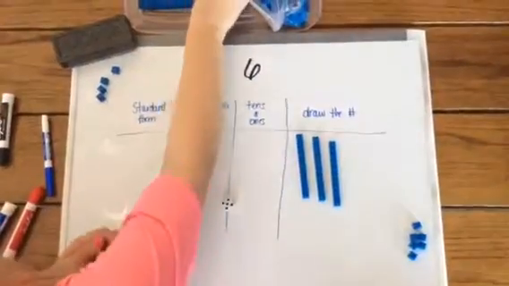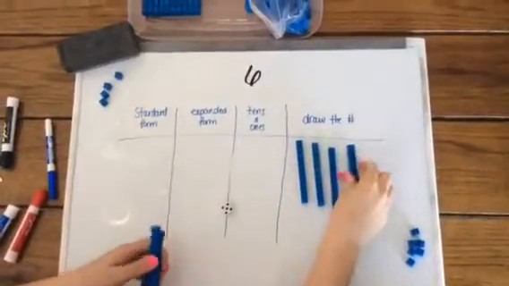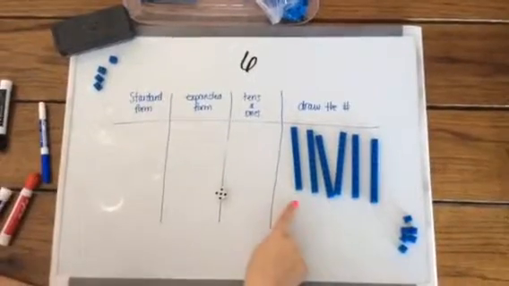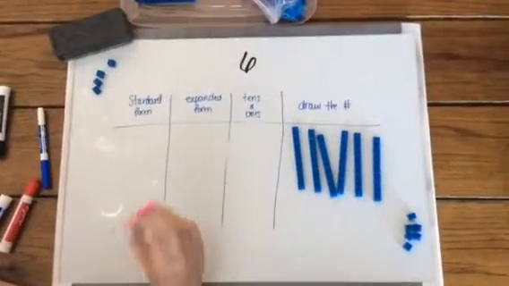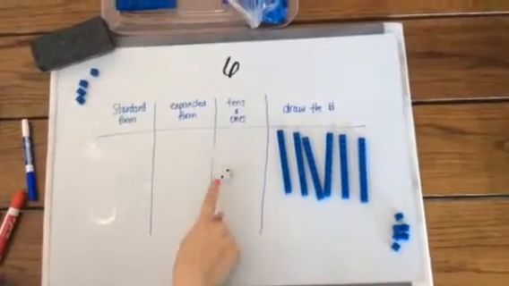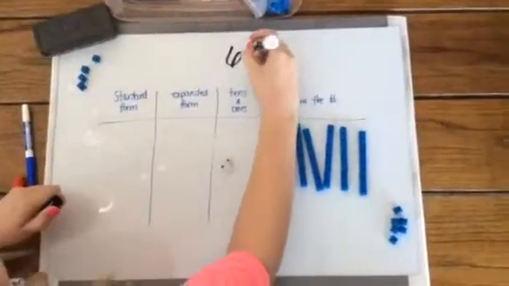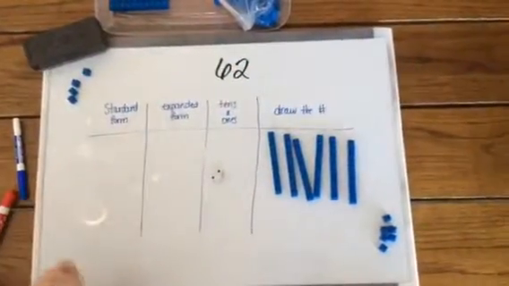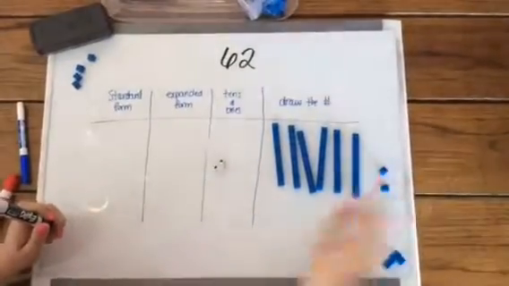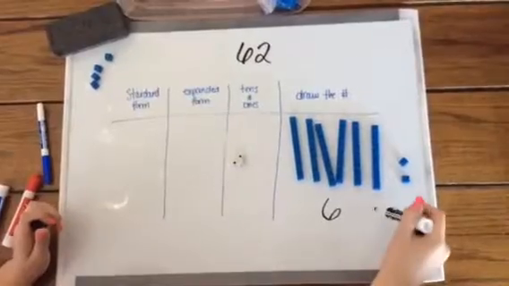We need to add 3 more to make 6. So we have 6. Well, now we're going to roll it again. 2. We have 2 ones. So our number is 62. We got to add our 2. So this tells us we have 62.